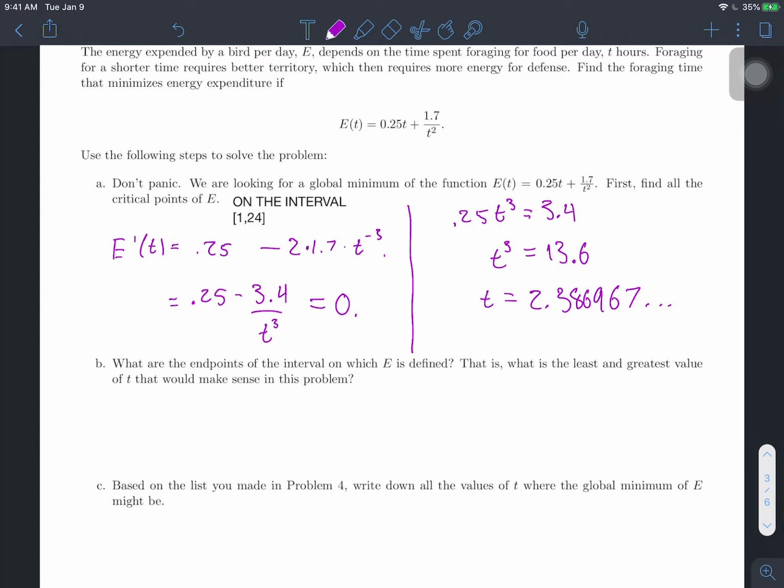Are there going to be any other critical points for this function? Let me ask you this. Is E of t a polynomial?